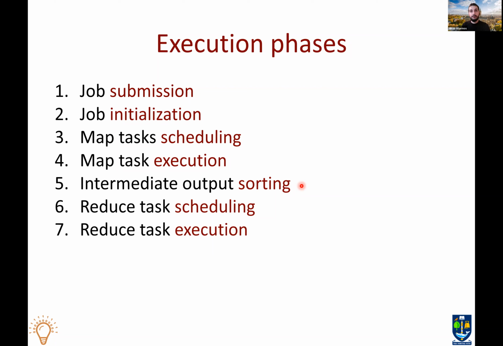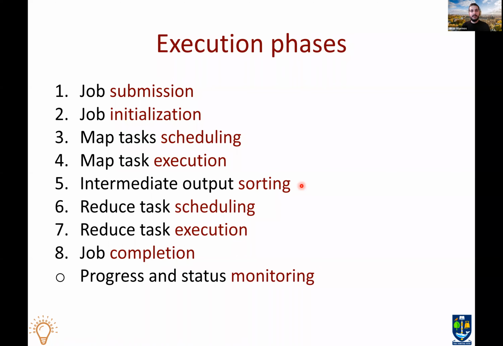The reduce tasks are executed, and then the output of the reducers needs to be stored on HDFS. Once all of the reduce tasks have been finished, the job tracker is informed and the job completes. Okay, these are the key steps.